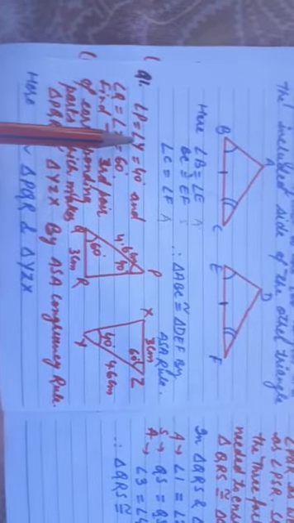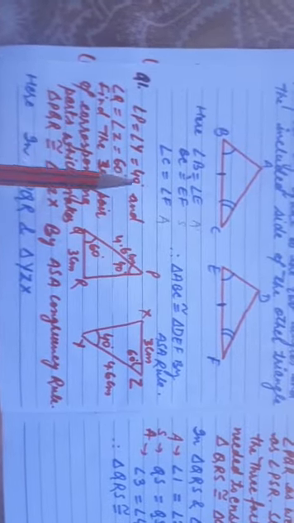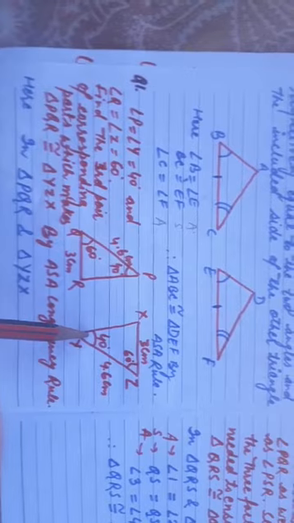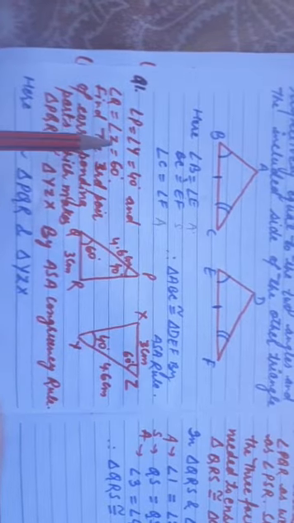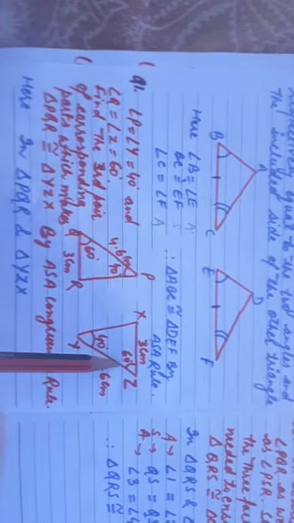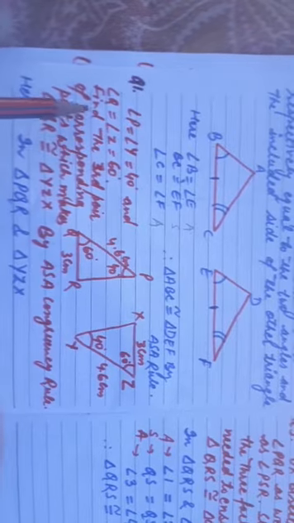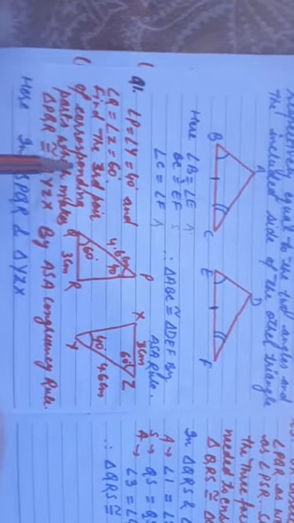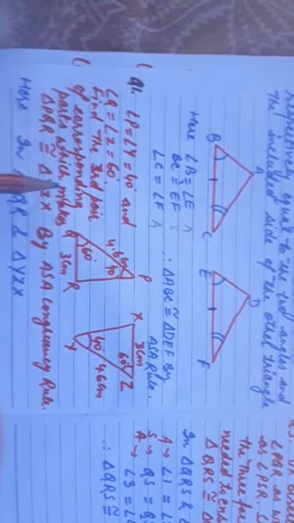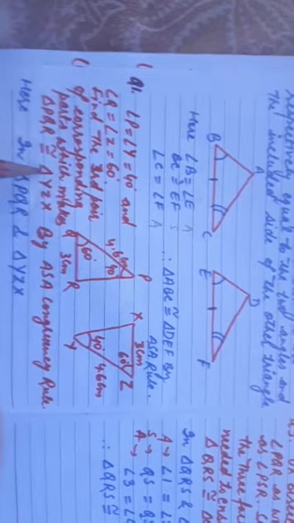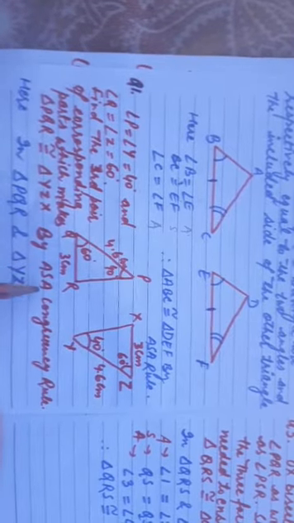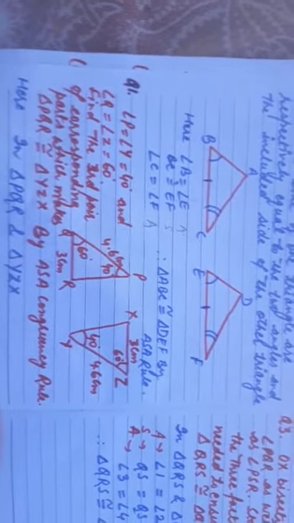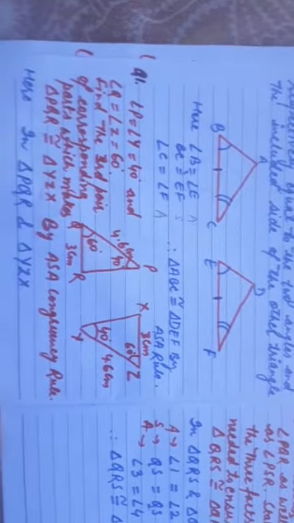Angle P is equal to angle Y, which is 40 degrees. These two angles are equal. Angle Q and Z both are equal to 60 degrees. We have to find the third pair of corresponding parts which makes these two triangles congruent by the angle side angle congruency condition or rule.